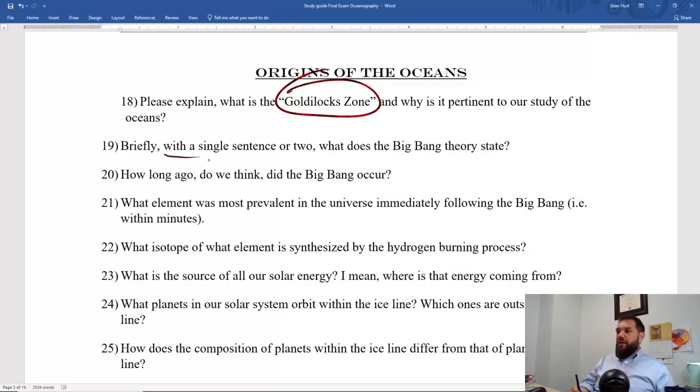Now, briefly describe in a sentence or two, what does the Big Bang Theory state? So the Big Bang Theory gives you just a brief history of the universe and solar system and Earth. It starts with the Big Bang, right? The Big Bang is this particular point in history in which all matter, time, energy, and space came into existence.